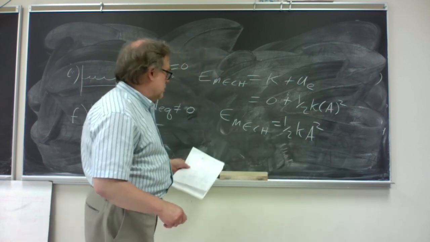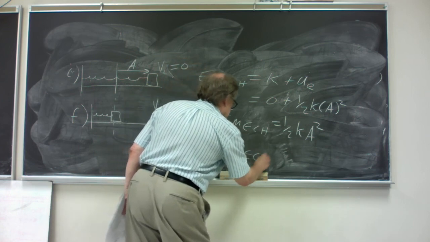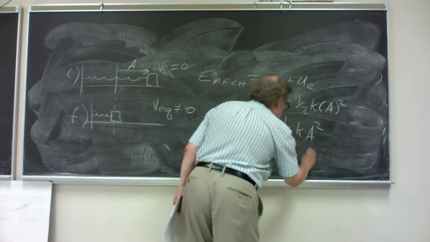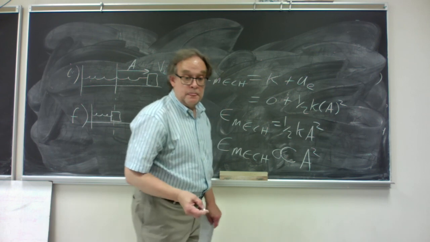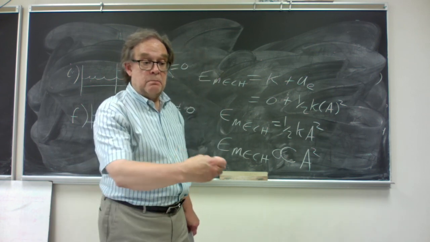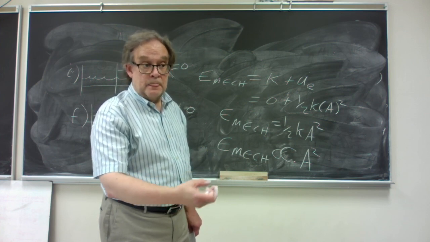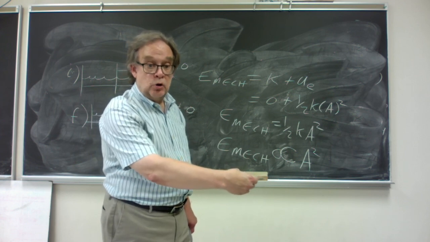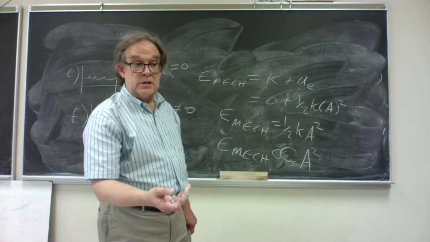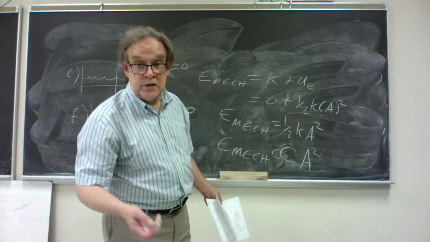And when you look at that equation, you see that the mechanical energy is directly proportional to amplitude squared. You can imagine starting the oscillations by pulling the mass different distances, and that the distance by which you pull the mass is what determines the amplitude. So you can imagine giving that system different amplitudes of oscillation, but it's the same spring all the time, so k doesn't change.